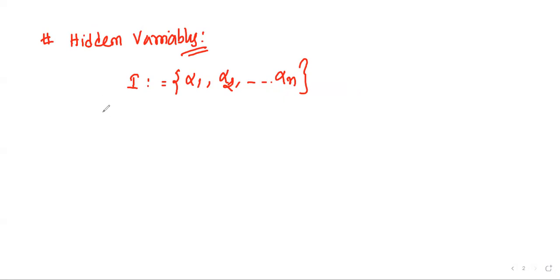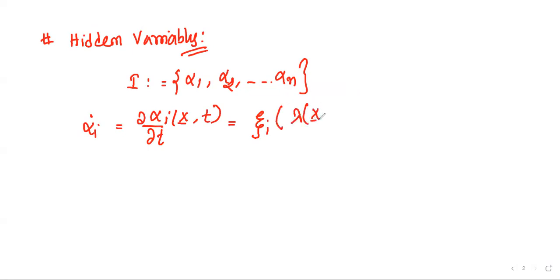The evolution equation of this internal variable, alpha i dot, which represents the time derivative of alpha, is a function of position and time. It is a function that depends on the current value of the free variables and the current value of the hidden variable itself. This lambda and alpha, here we have to take the instantaneous values of lambda and alpha at time t.